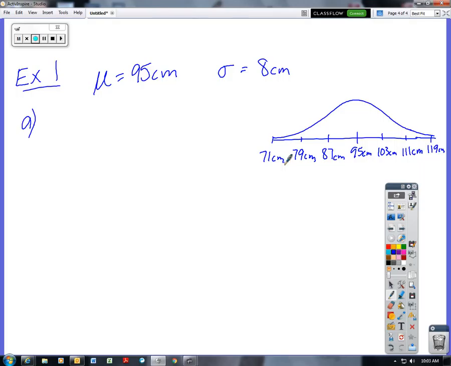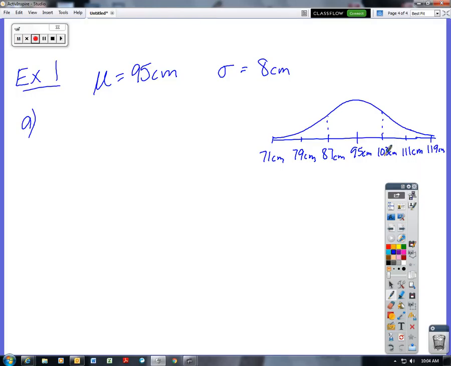Now I can just look at this and I know from 87 to 103 that data is within 1 standard deviation of the mean. I already know the percentage too because I just talked about that. So I know that 68.26% of the data is between 87 centimeters and 103 centimeters. Well, let's see what the question's asking in any case.